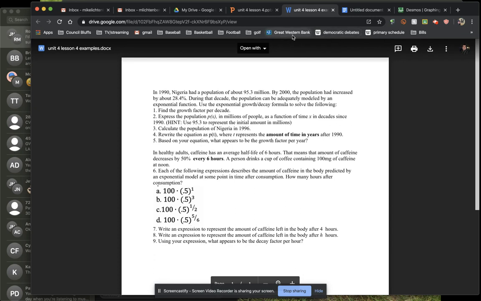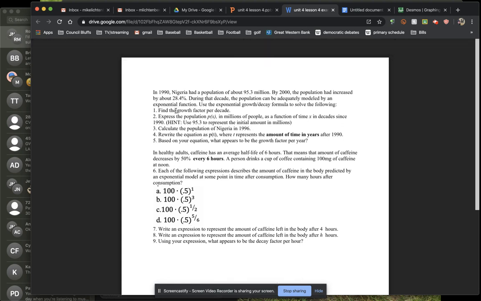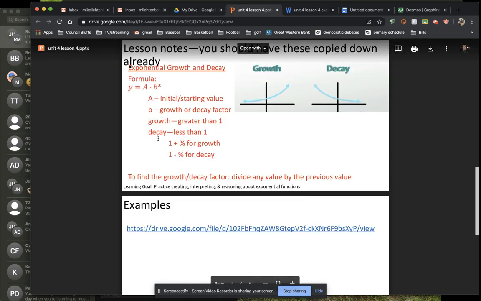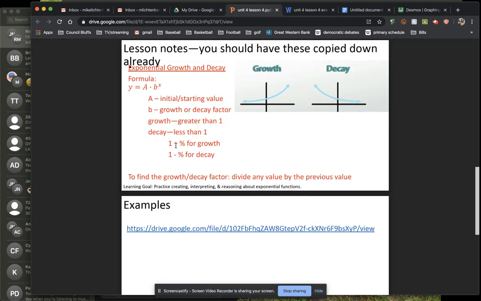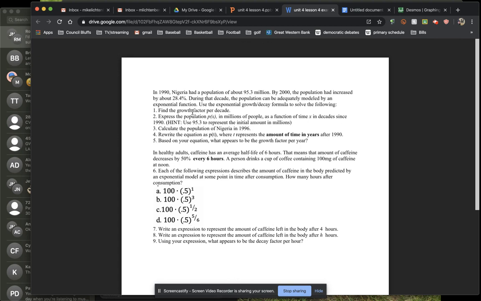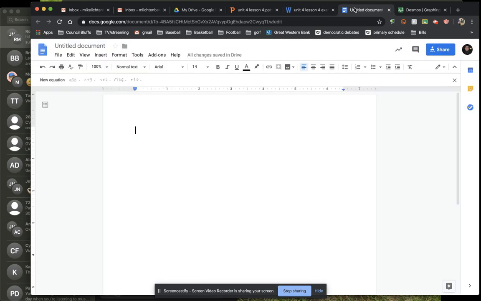Okay, so this is exponential growth. It's growing at a rate of 28.4% per decade between 1990 and 2000. So remember, my growth factor is going to be 1 plus that percentage. So 1 plus 28.4%. 28.4% is 0.284.